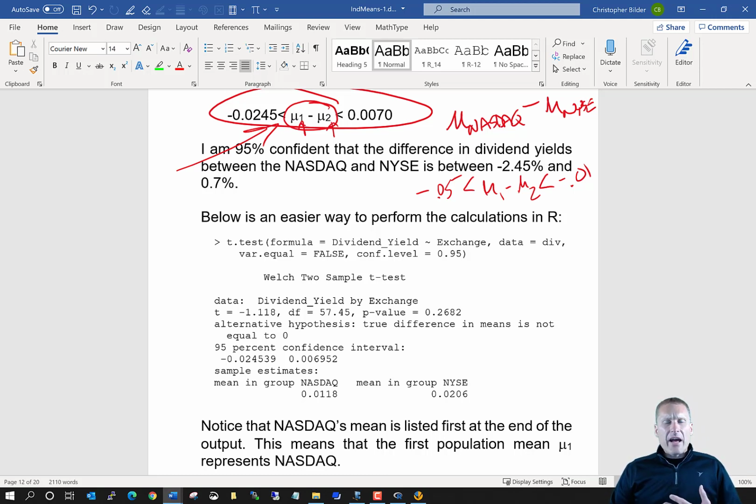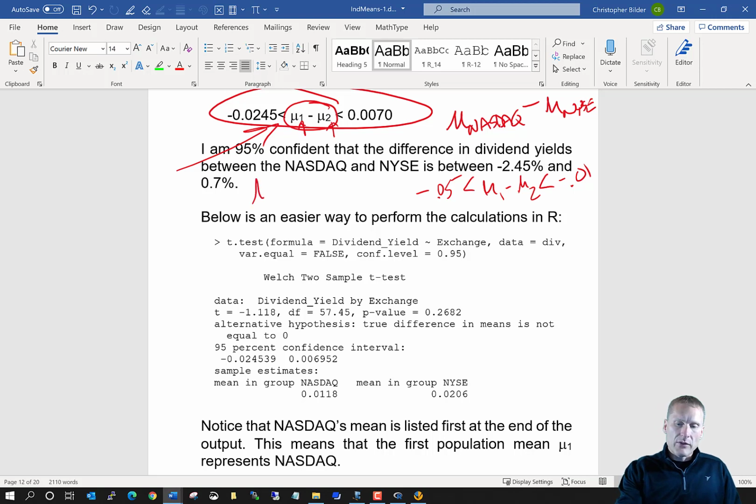So that leads to an eventual question that I'll ask: based upon these samples, can we make any conclusions about if one stock exchange has a higher dividend yield on average versus another? The answer is no, because notice that 0 is inside this interval.